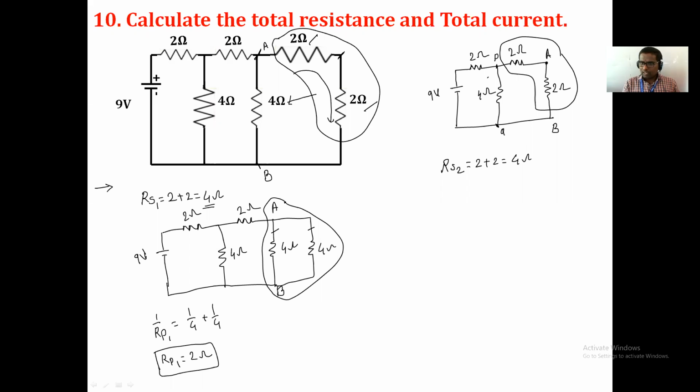It means that if I want to remove these 2 ohm resistances and connect their resultant 4 ohm resistance, I can connect it in between the points P and Q. Means one terminal must be connected to point P and the other terminal to point Q, so that my simplified circuit diagram must be like this.